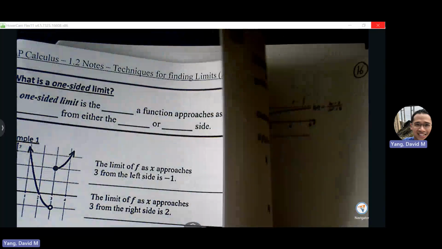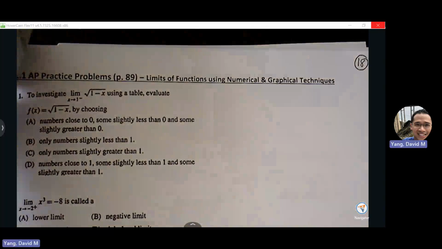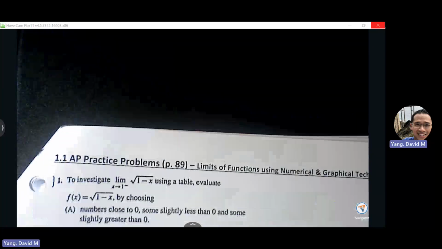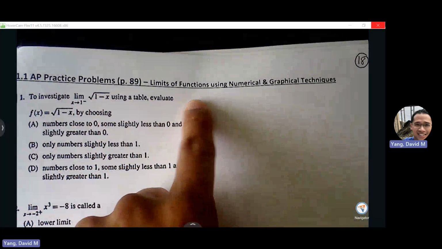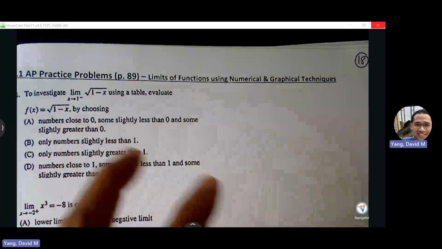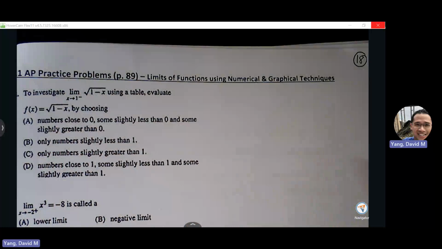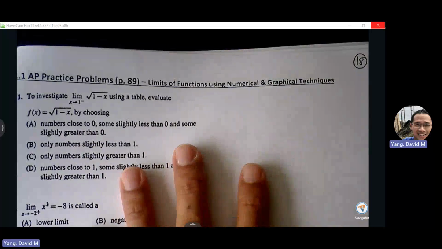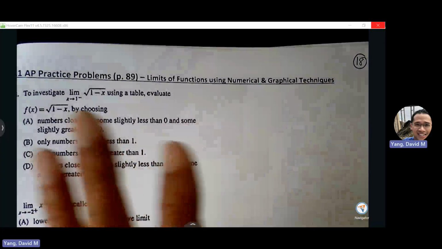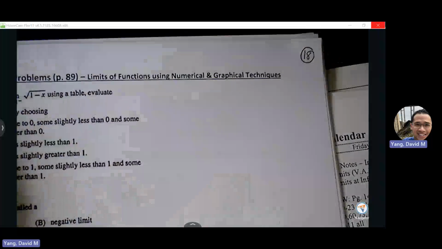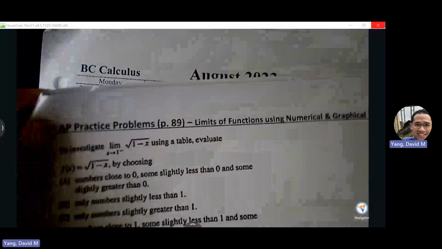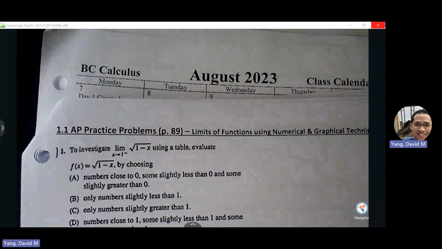And I want to make sure that page 18 in your packet has all the AP multiple choice problems listed out. So if you want to do your work in your notes packet for the AP problems, you can do that. I think that may be a better place for it than the limited space you have directly on your exercise pages.